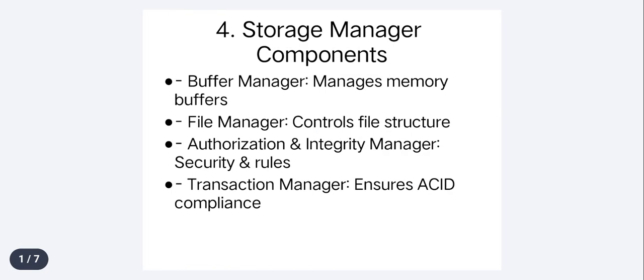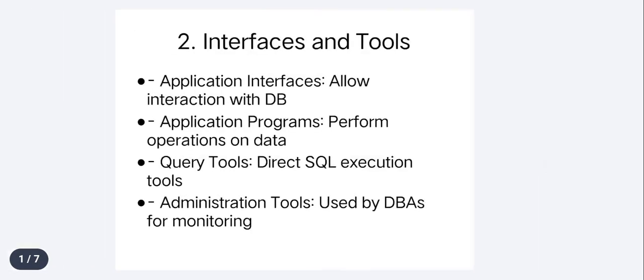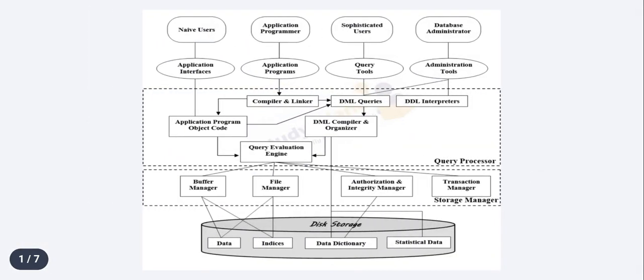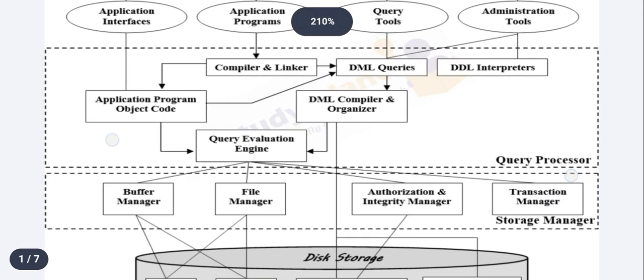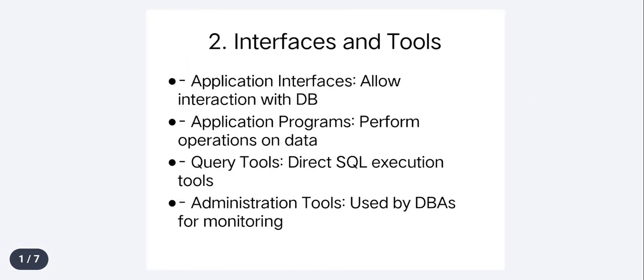And next slide is storage manager components. First one is a buffer manager, second one is a file manager, and then authorization and integrity manager, and transaction manager. Let's see them one by one. Storage manager is here, with the evaluation engine, through these managers.